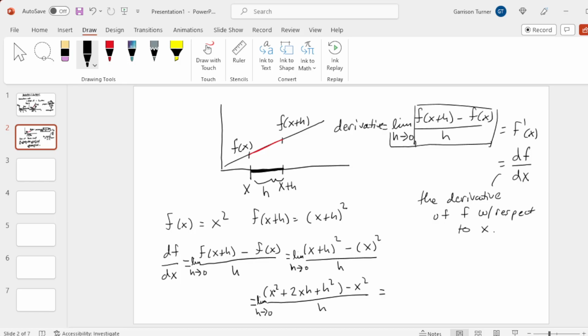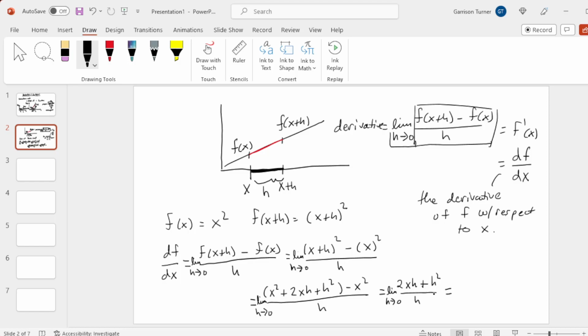And what you can see is that my x squared, everything in the denominator, I can now add, subtract, and so on. So I have an x squared minus an x squared, and then I have a 2xh plus h squared over h, in the limit that h goes to 0.